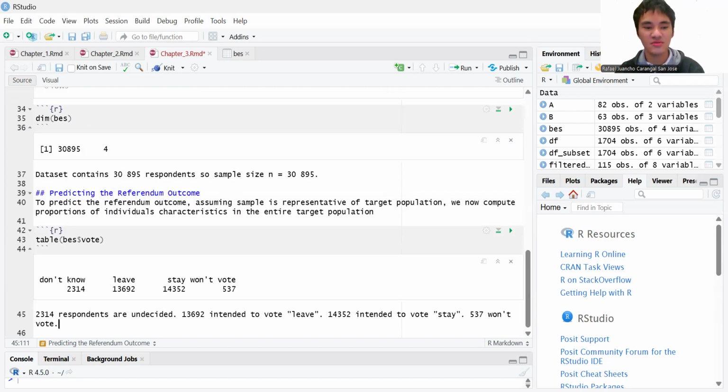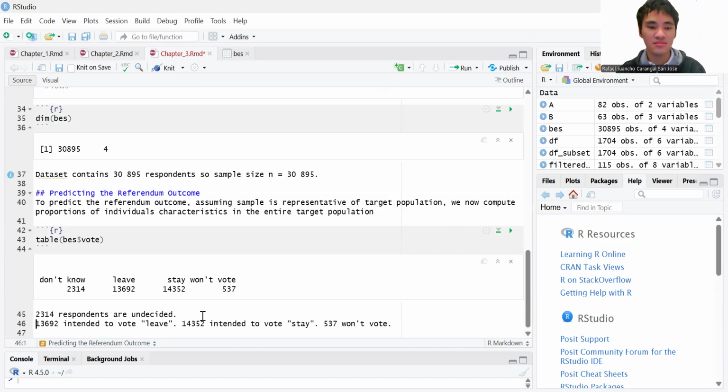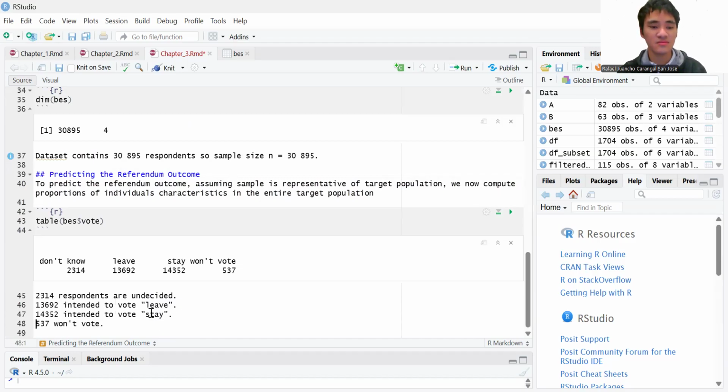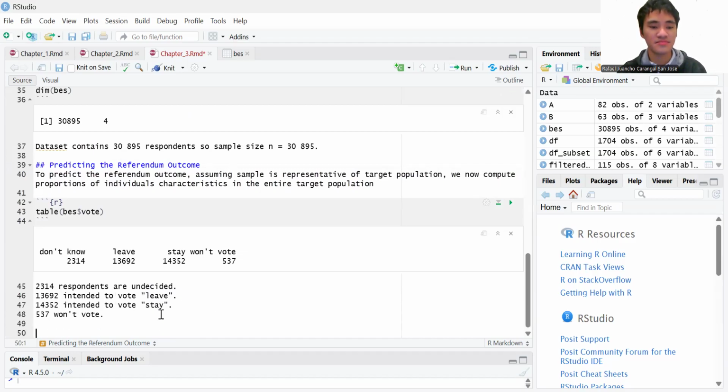So that's how we interpret that. I think it will look nicer if we do it this way. Cool.